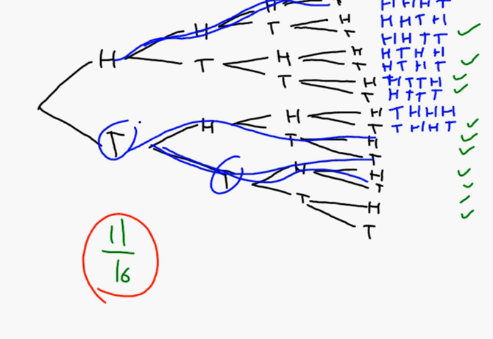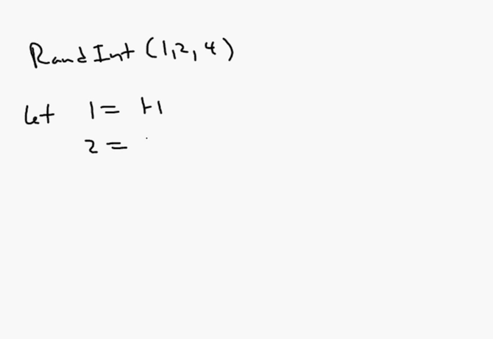The goal is to try and simulate this using a random number generator. Suppose someone told us, use randint(1, 2, 4). This is going to work provided we can interpret it correctly. So we're going to let 1 equal heads and 2 equal tails.